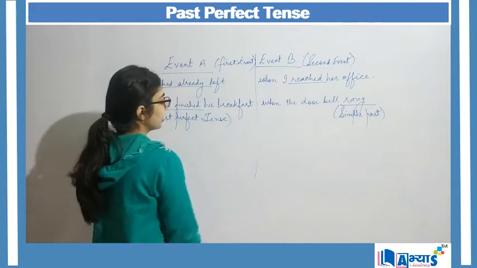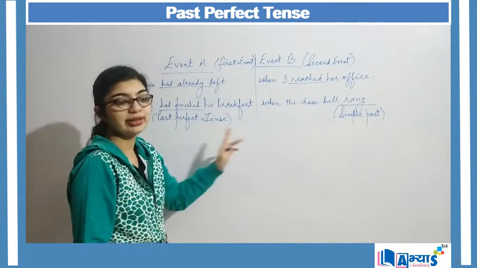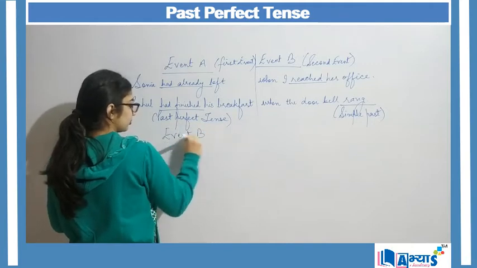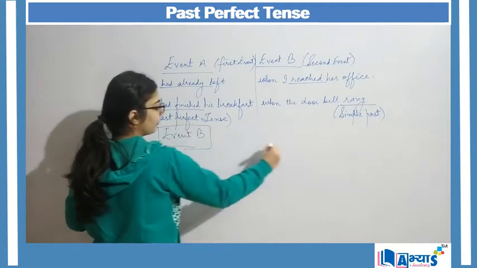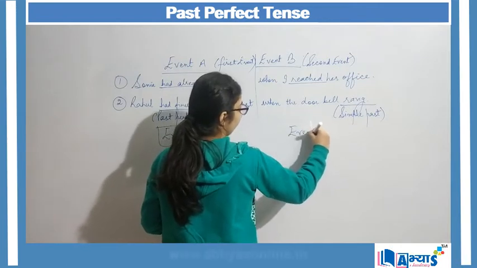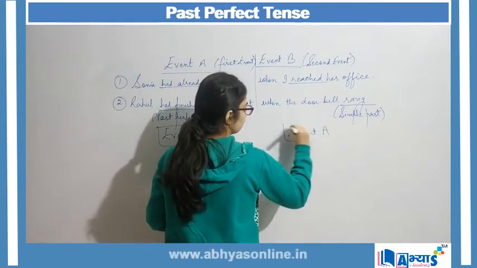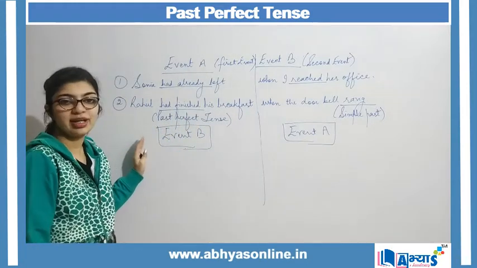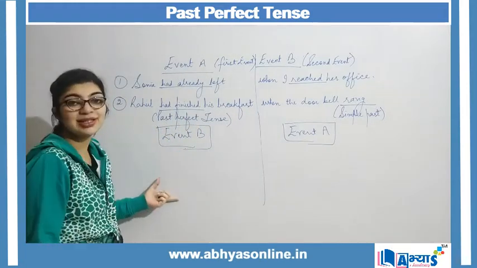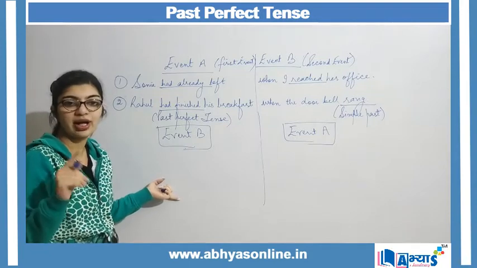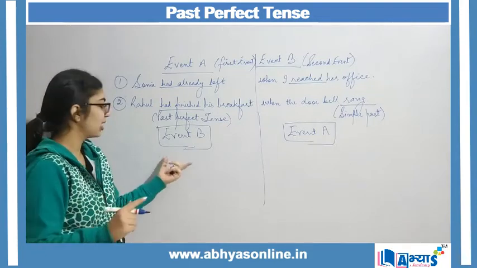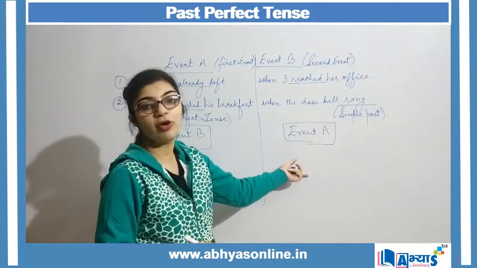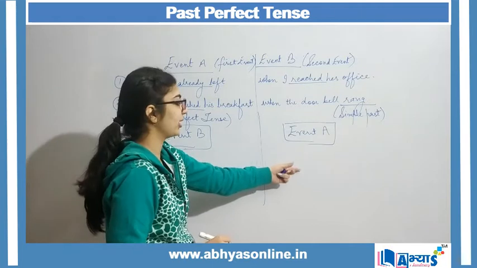Now in cases where event B is first and after that we have event A, that event B is first in the sentence, not in the order of occurrence. The sentence begins with event B and it follows event A.